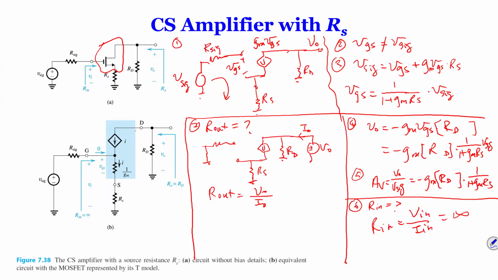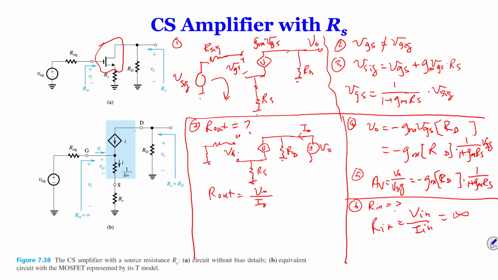Why is it not 0? Because even though the input is grounded, our current is gm times the voltage over here. But the voltage from here to here is not 0. Now, because this is ground, what voltage do you have here? 0. So yes, your voltage over here is 0 volts. So this one is almost ground.